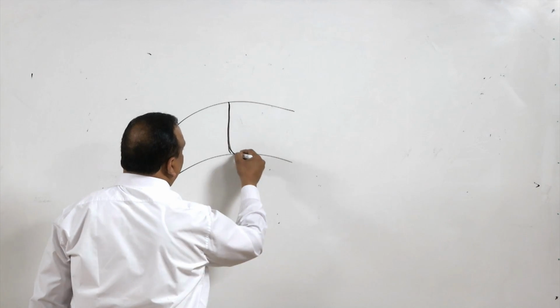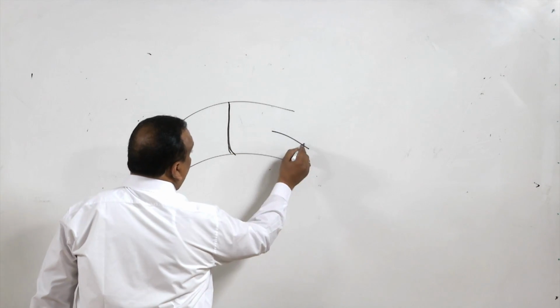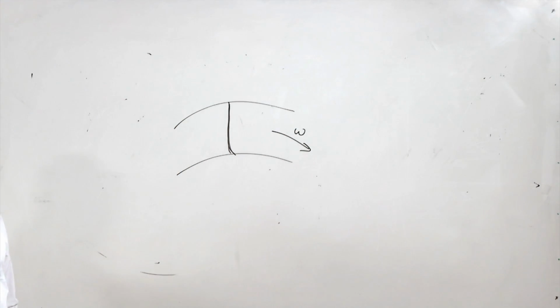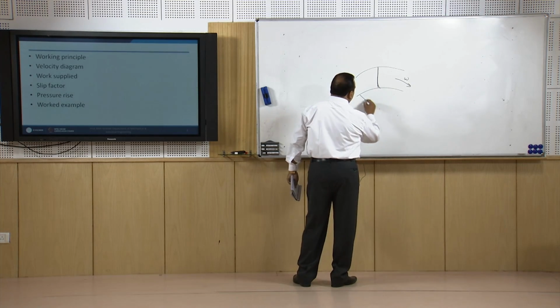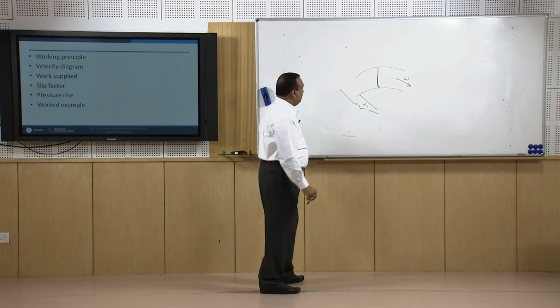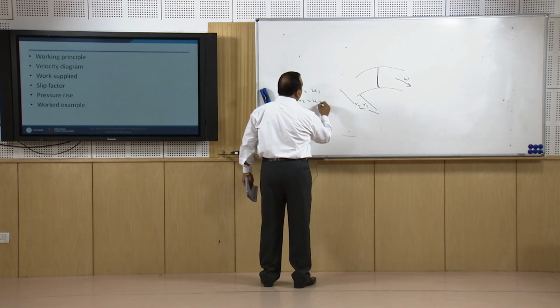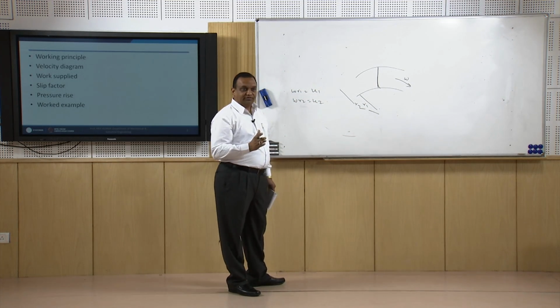They are moving with a certain rotational speed omega, and this is R1 and this is R2. So, omega R1 will give U1 and omega R2 will give U2. So, in this velocity diagram, the U will also change.